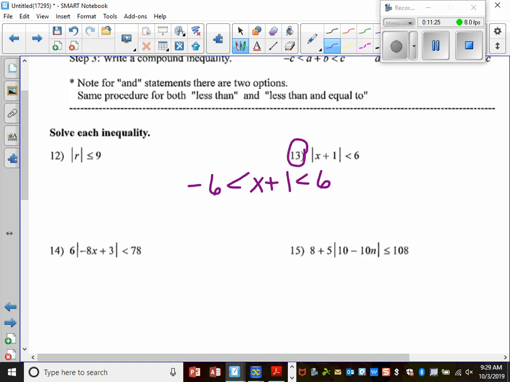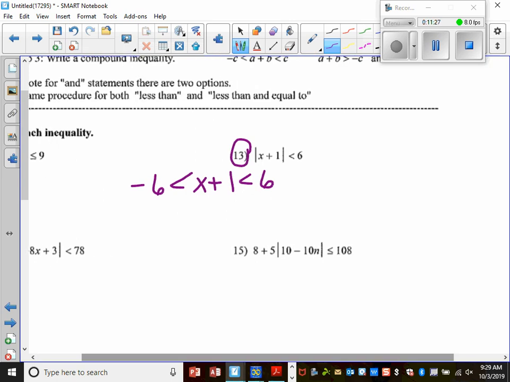Now let me show you the other option. The other option would look like this. You write it just like you see it. And then it's going to be x plus 1 is, and here's the change, greater than -6. So the word and would be in between. So that is how you would write it using the word and.